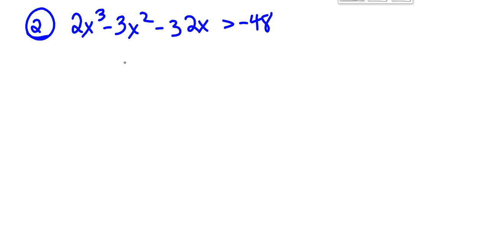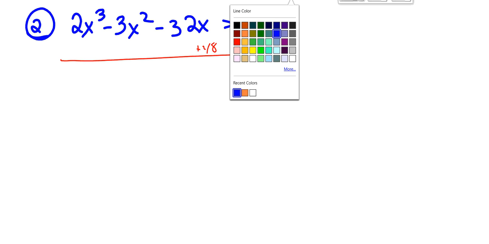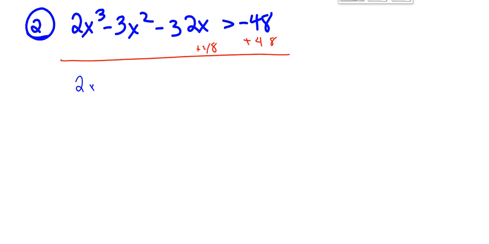So I'm going to add 48 to both sides. And when I do that, my new rule now is going to be 2x to the third minus 3x squared minus 32x plus 48 is less, or excuse me, is greater than 0.